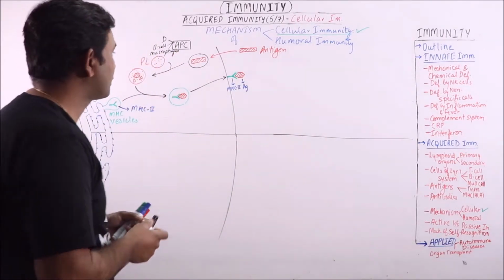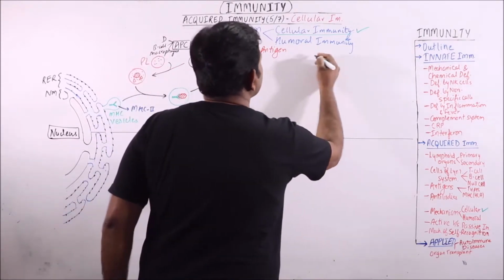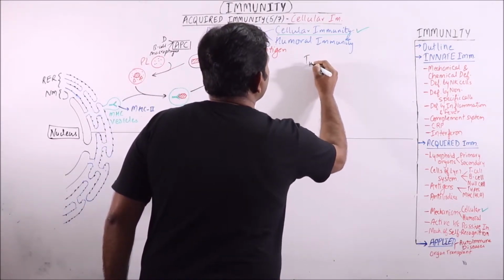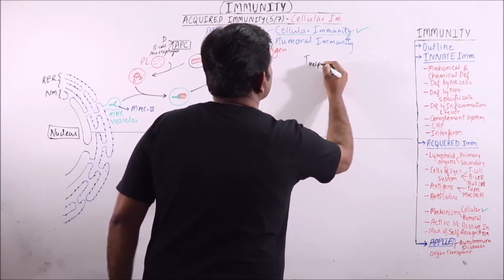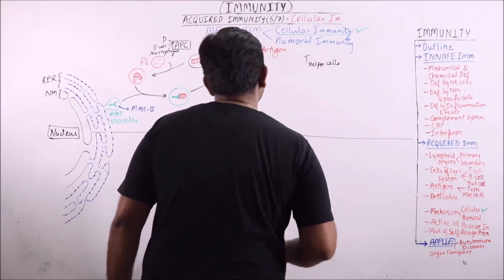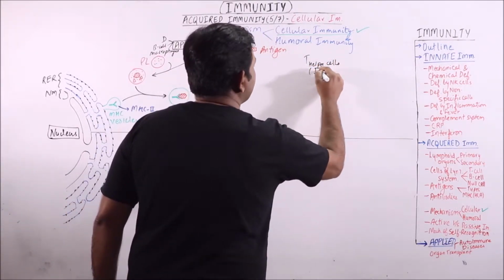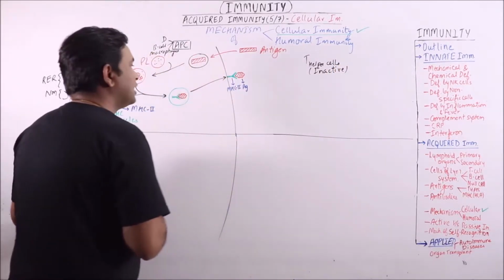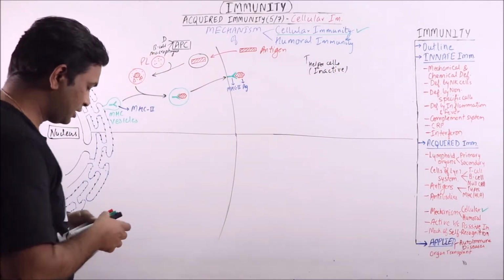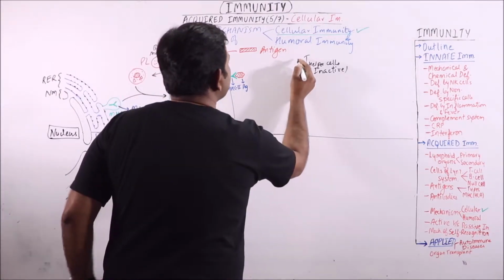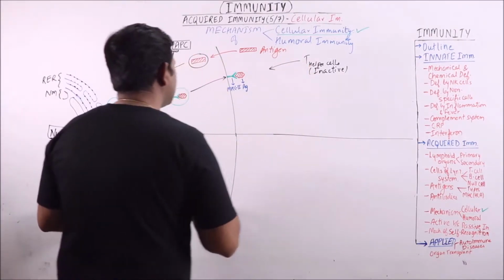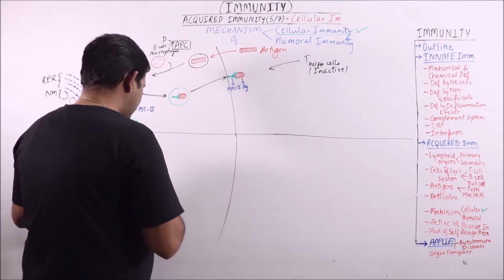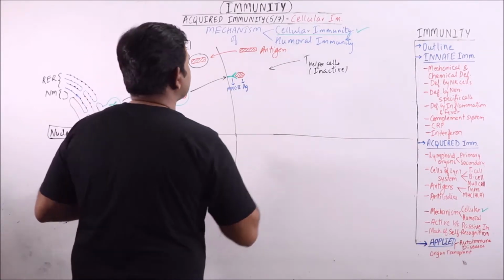Then it will attract the T helper cells. These T helper cells are inactive. So inactive T helper cells are attracted to the MHC Ag complex, and these will bind to this MHC2 Ag complex.